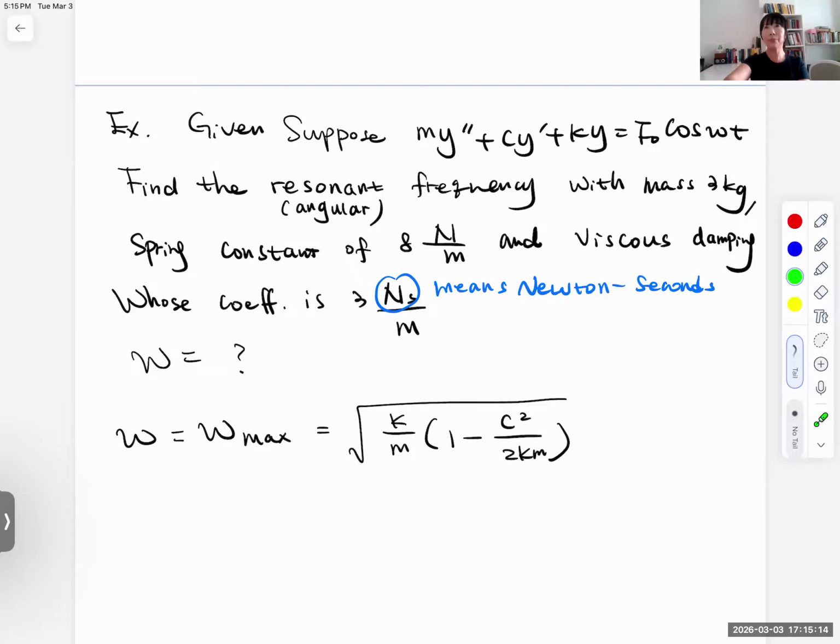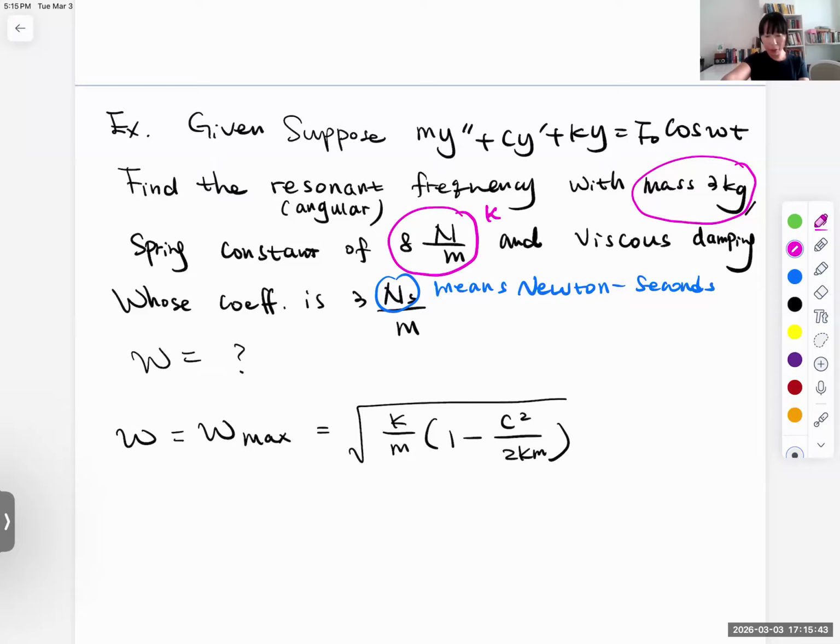Everything is given, right? So it's mass 3 kilograms. So we notice that's M. And then a spring constant of 8, which is K, right?